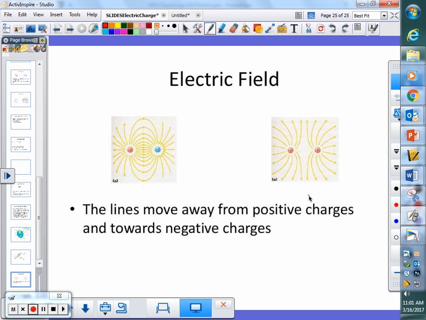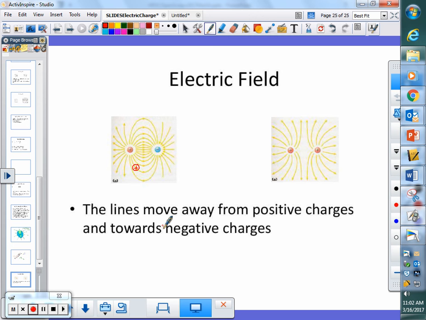Because if we put a second proton there, it won't stay there. It wants to push away from this proton, but it wants to push towards this electron. That's why the arrows point that way. The field lines show us what would happen if we put a proton in that spot.